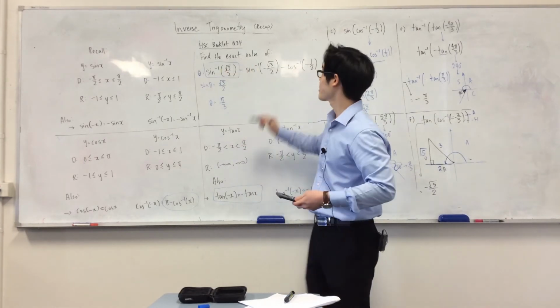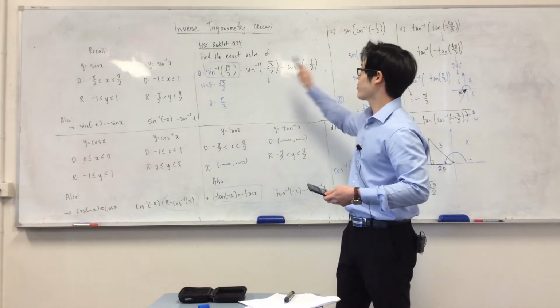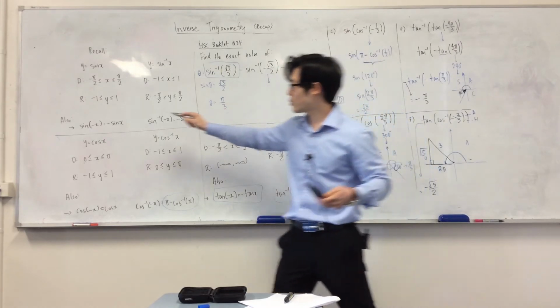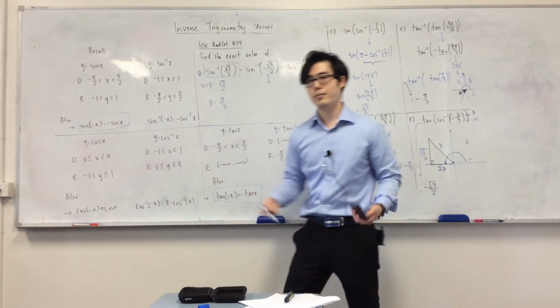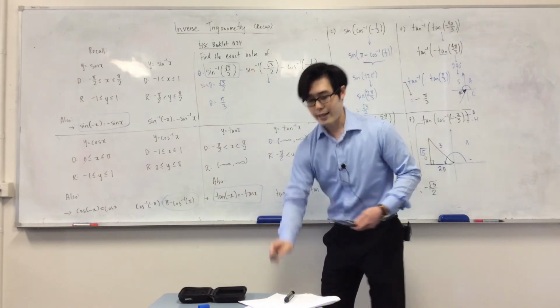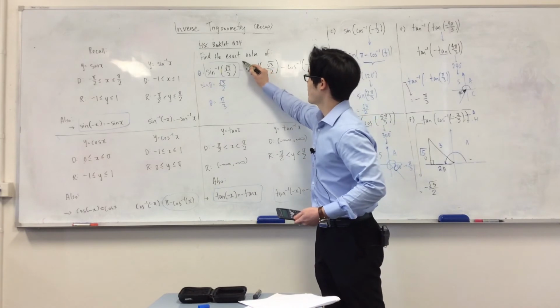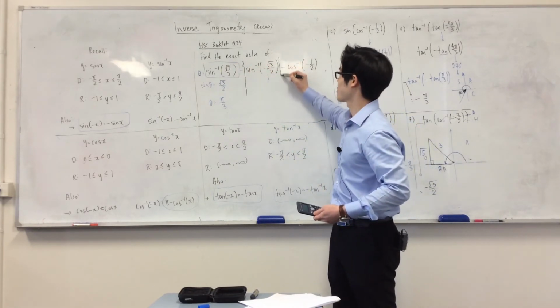Okay, that's fine. Now with this one though, we've got a negative angle. So let's use this property here. If you have a negative angle, it's just the same thing as putting negative outside. Notice we have another minus outside. Let's just ignore that minus in front and focus on this.